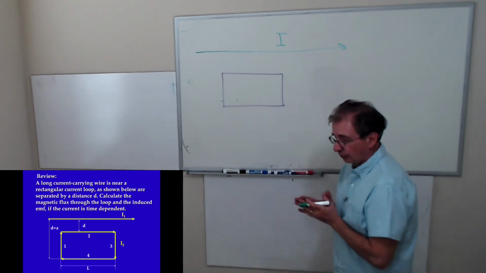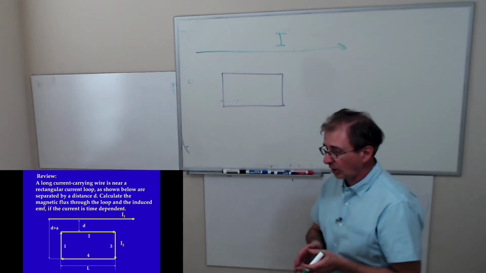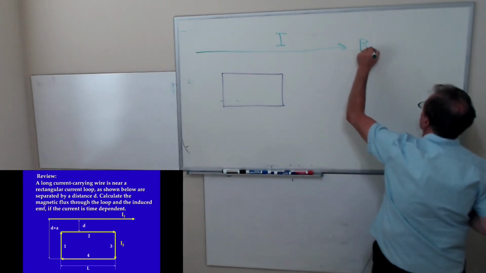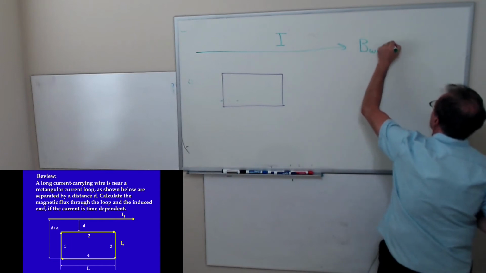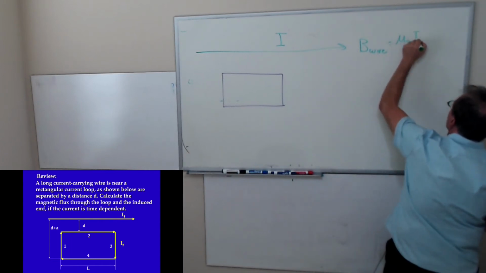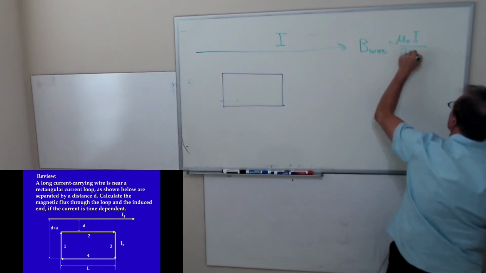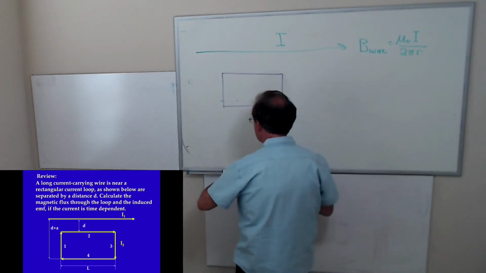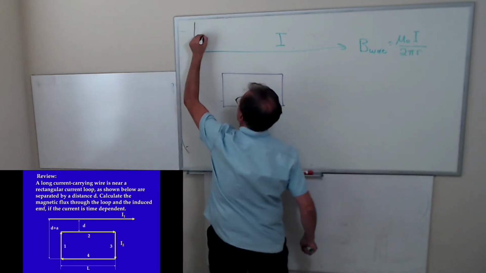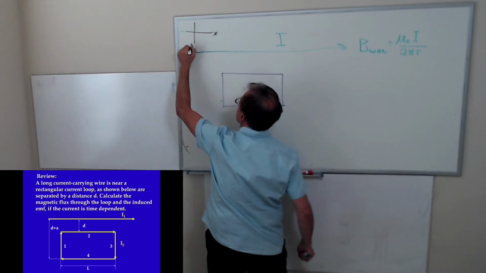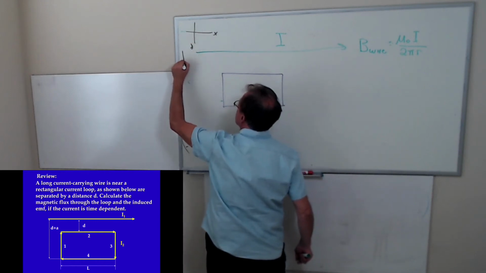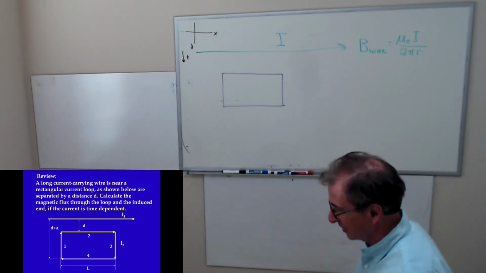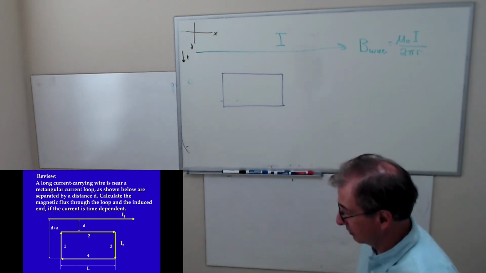Now, if you have a long wire, the magnetic field produced by the wire is mu naught times I over 2 pi r. Now I'm going to define my coordinate system this way. This is x, this is y, and I'm going to say down is positive. I just don't want to deal with the minus signs.